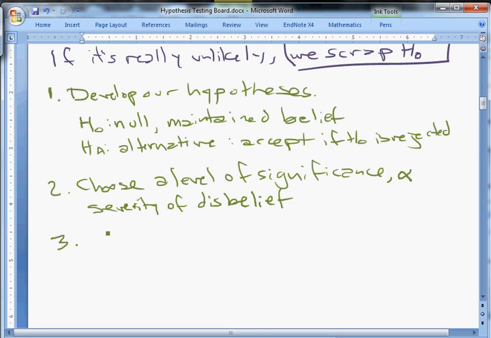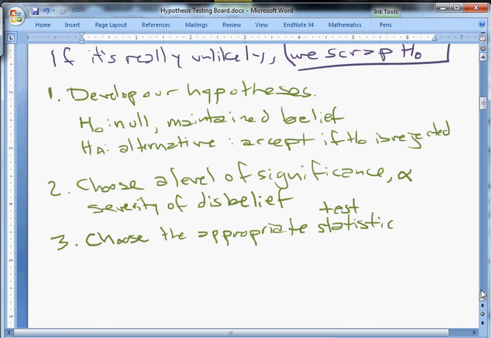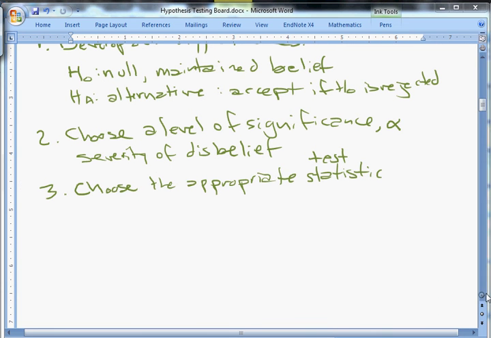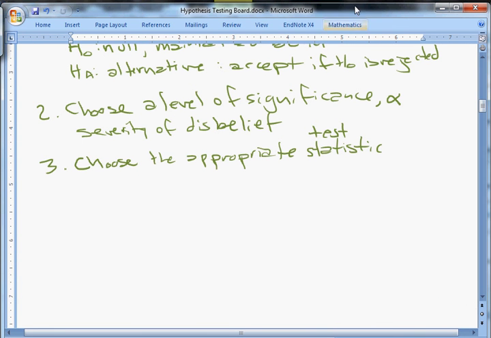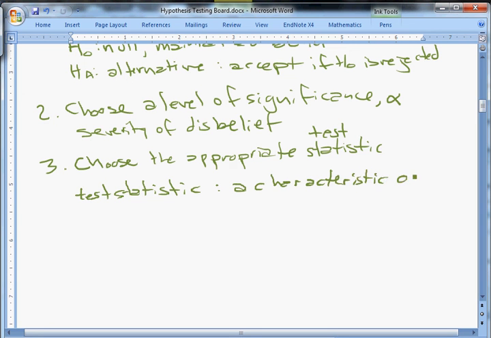Step 3. For now, this will be simple, but this part gets harder later. We choose the appropriate test statistic. So what is a test statistic? What's the easy way to say this? An intuitive way: a test statistic is a characteristic of our sample with a nice distribution.